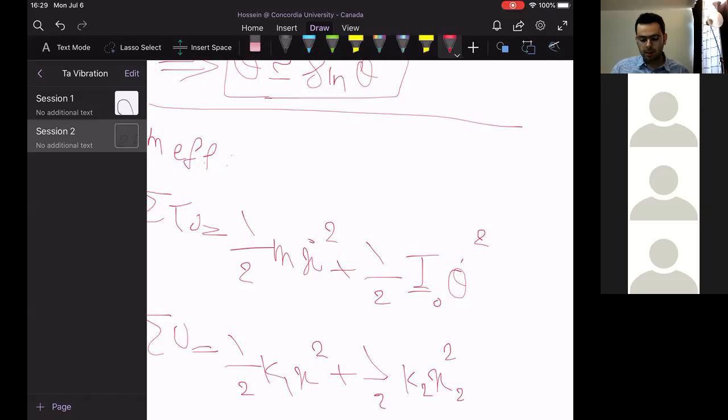So can anybody tell me what are the other options for potential energy in another problem? What kind of other term we could have for potential energy?